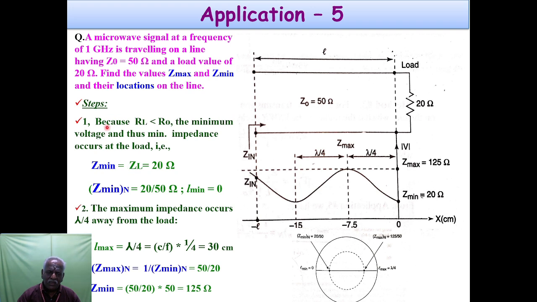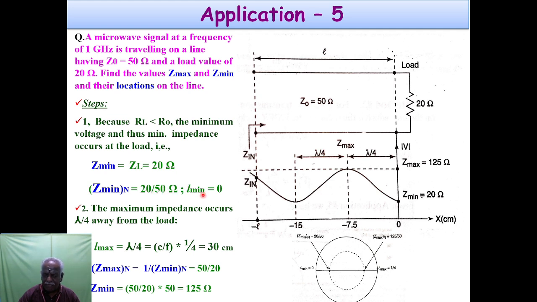So just vice versa. Because RL is less than R naught, the minimum voltage and thus the minimum impedance occurs at the load, that is Z minimum is equal to Z L, which is 20 ohms. At the load point the given value of the load impedance is 20 ohms. So Z minimum is equal to 20 ohms and Z minimum normalized will be 20 by 50, that is 2 by 5.